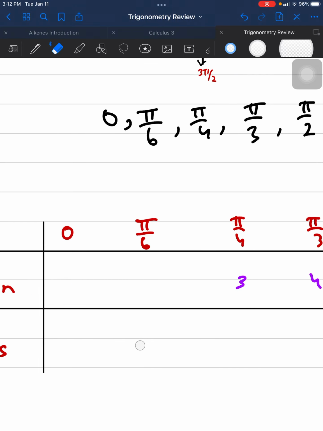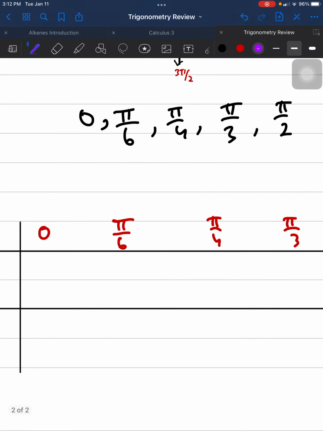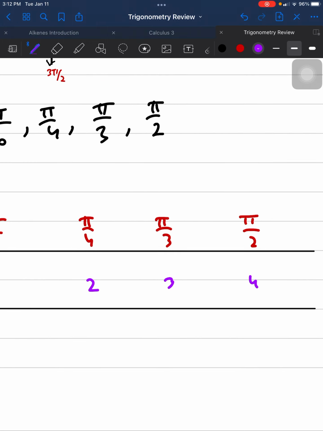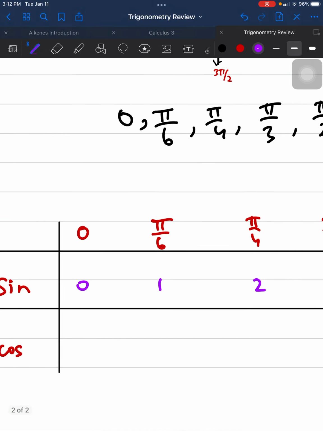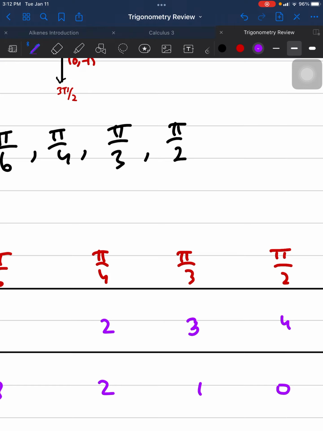So for sine, 0, 1, 2, 3, 4. For cosine, we just write the opposite: 4, 3, 2, 1, and 0.